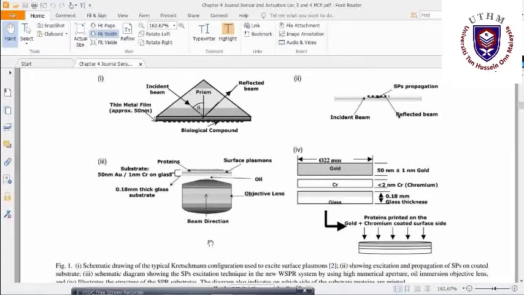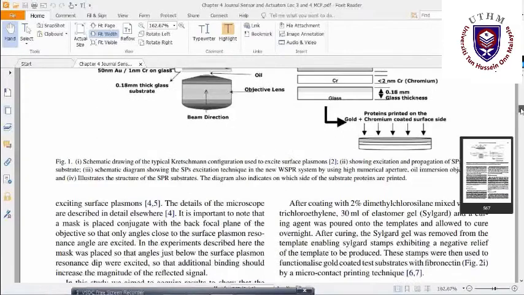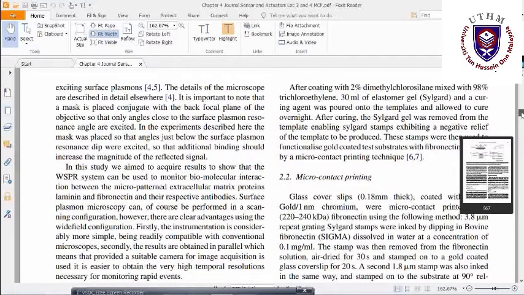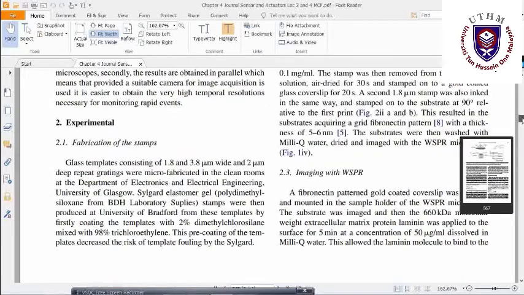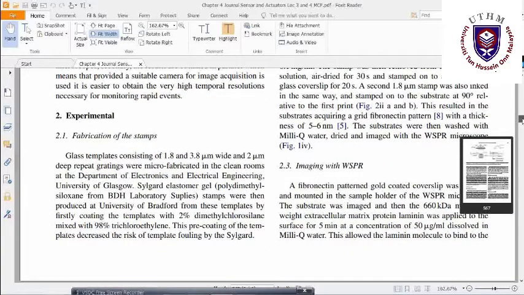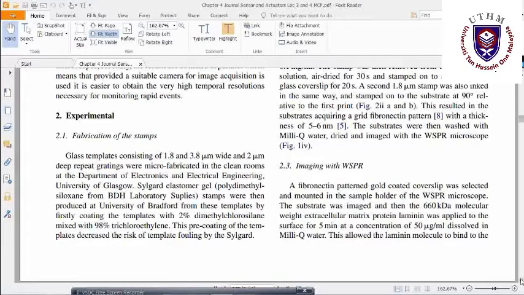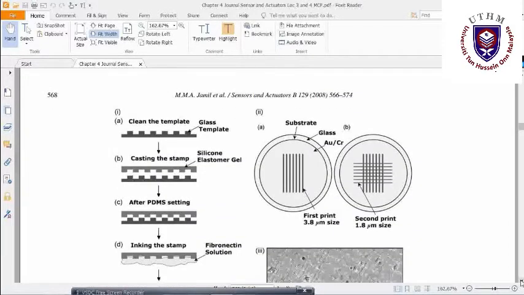This time you are imaging from below. These are a few comparison points. If you read more on the surface plasmon system, you will find a few more different settings, so that you can compare the standard system with the wide field surface plasmon system.